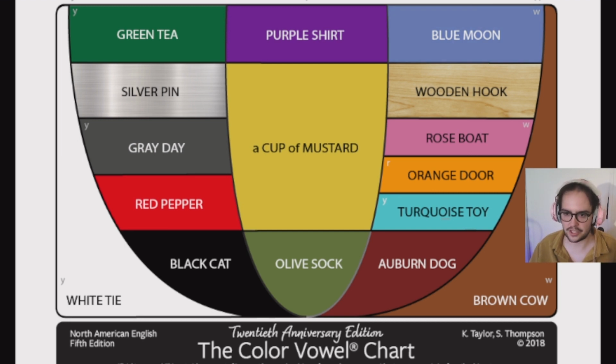Consider the chart's shape. Ooh moon is very up here, up together, ooh. Wooden hook is dropped down a little more, ooh. Now we're even going further down to rose, or, orange, aw.